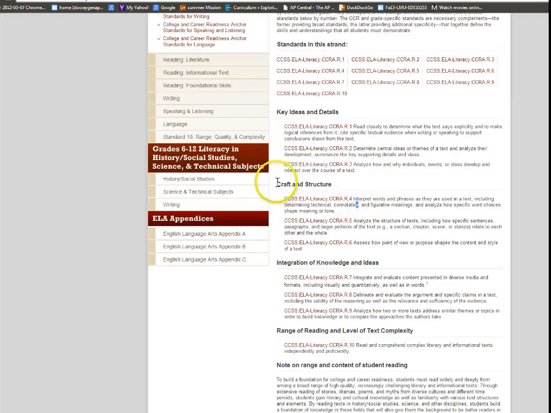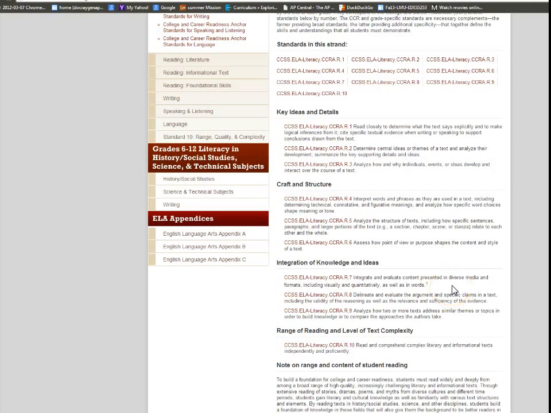Standard 4, which is under the division Craft and Structure, talking about how the works are composed. Interpret words and phrases as they are used in a text, including determining technical, connotative, figurative meanings, and analyze how specific word choices shape the meaning or the tone. Standard 5.